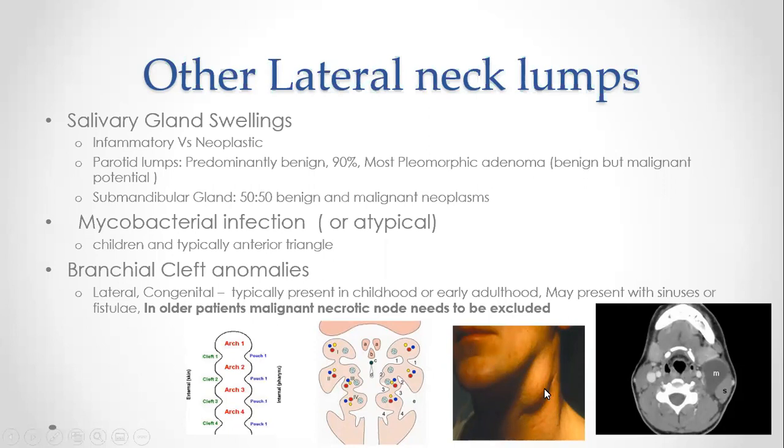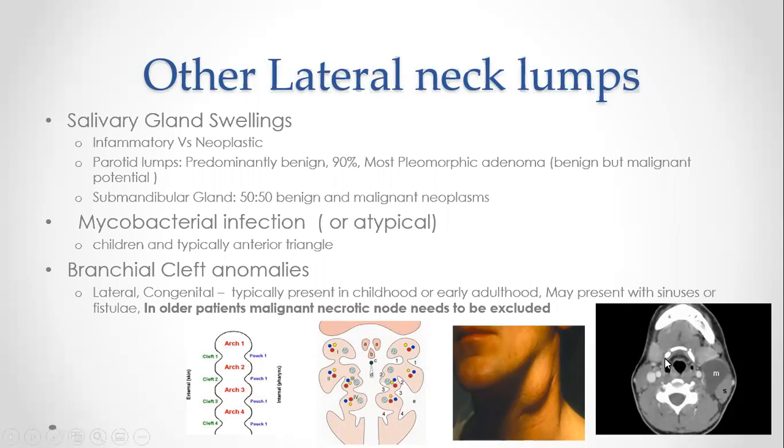So this is a cystic lesion. It is most likely due to a branchial cyst, especially in the young and children. But if it is in an adult, especially over 40 years of age, we should exclude malignant necrotic lymph nodes. They are very similar to branchial cysts, and the only difference is the age.